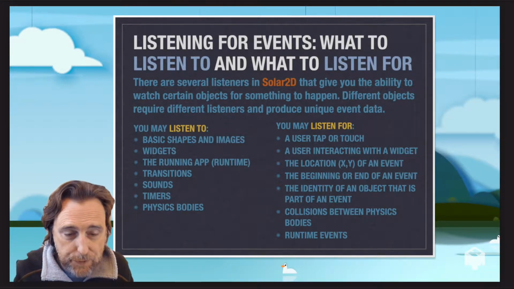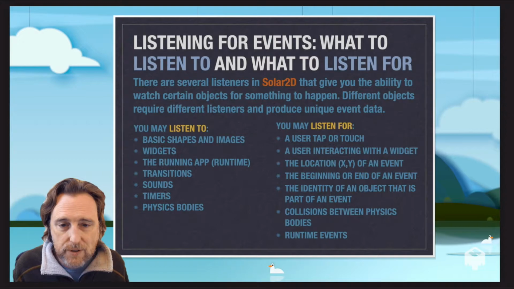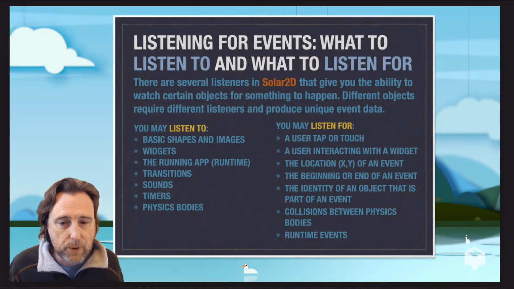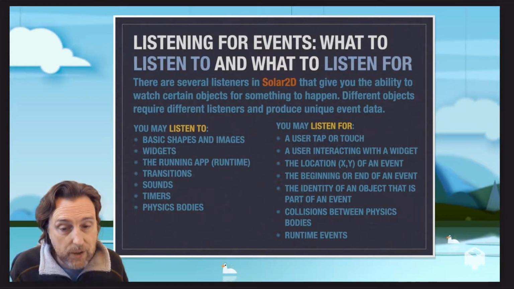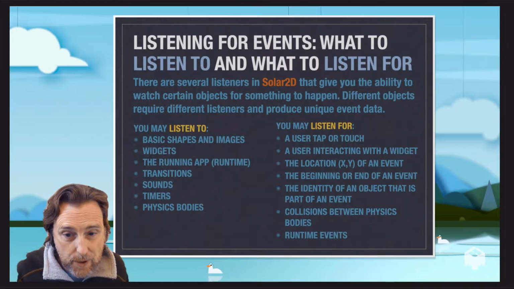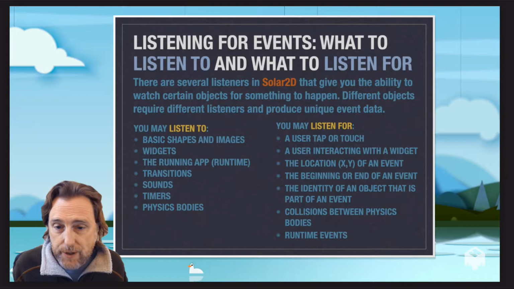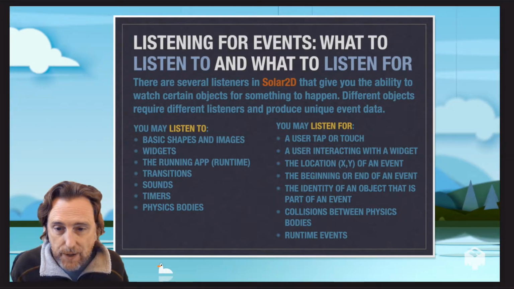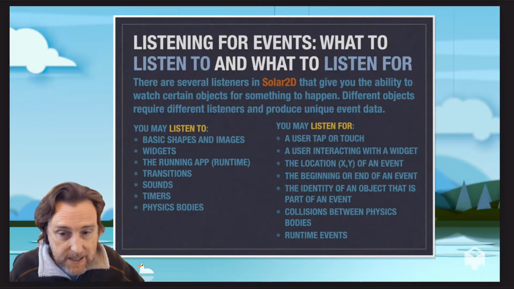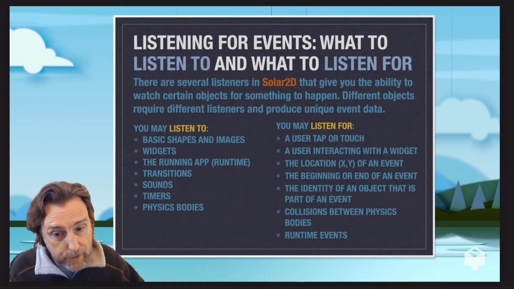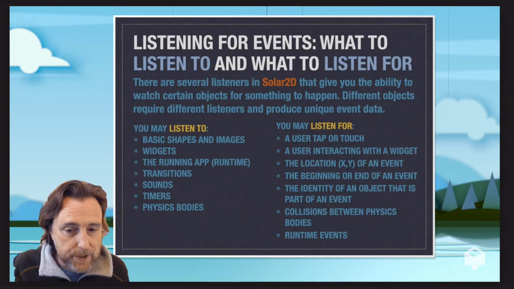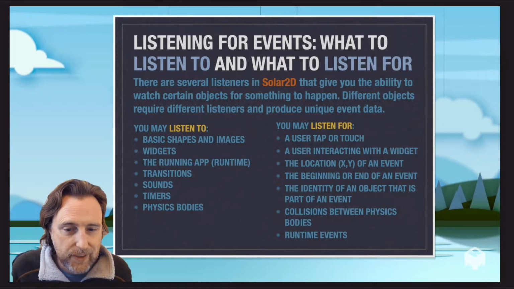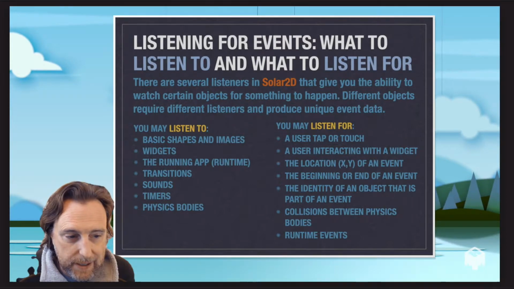And you can listen for a lot of different types of events. You can listen for a tap or a touch, some sort of interaction with a widget. You can get the location of an event if that's important. Lots of events also have discrete beginnings and endings, which you can listen and respond to if that makes sense for your app. You can learn about the identity of the object that was part of an event. This becomes important, for instance, when we get to physics and start learning about collisions, when we'll want to know what collided with what.